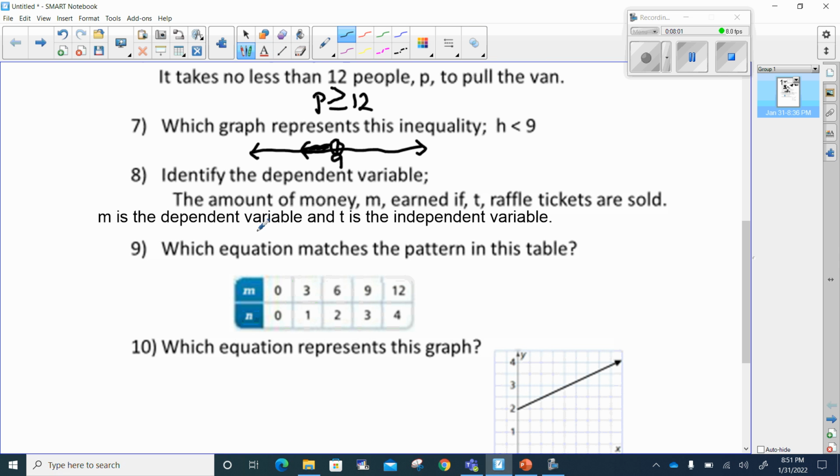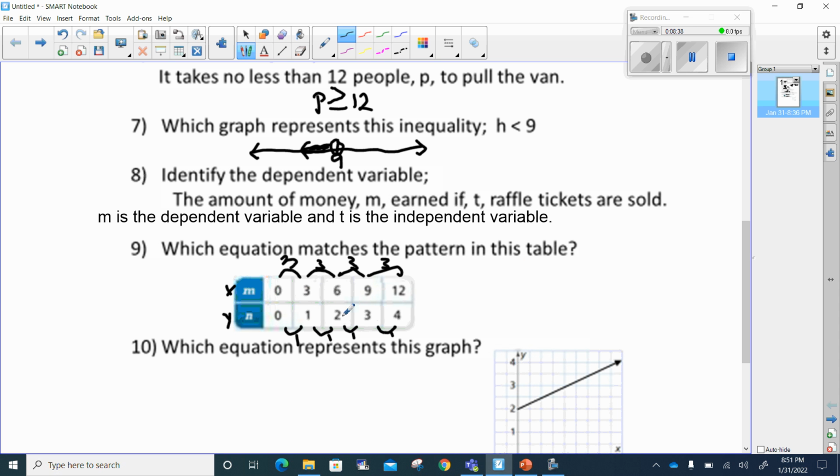As we see, the pattern here in each of these is an increase in 3, and the increase in each one of these is 1. So that tells me we have M and N here. Remember, this is like my X on the X-axis and Y on my Y-axis.